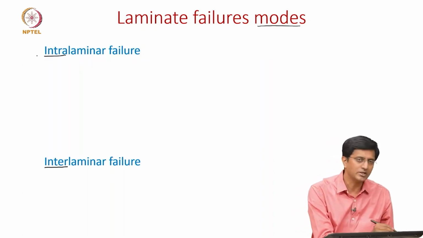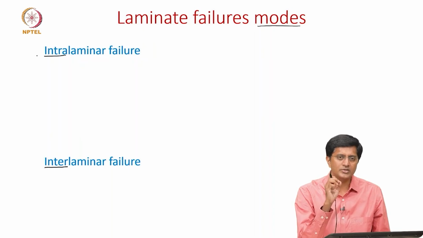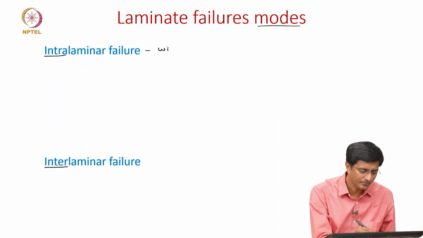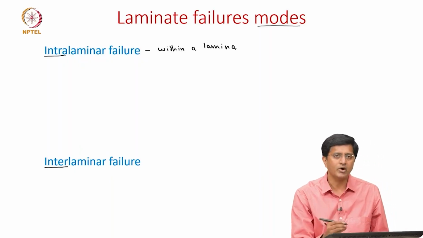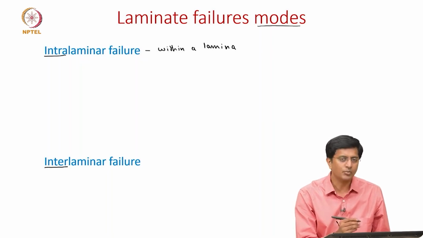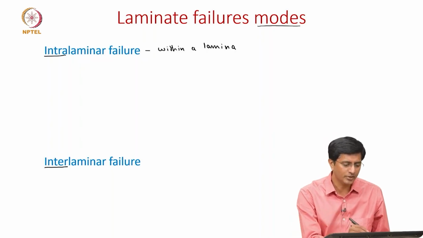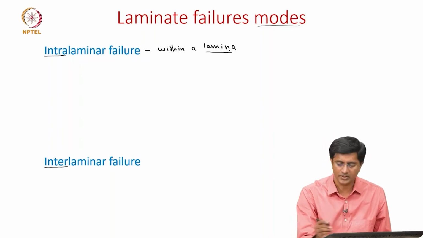The first category is about failures occurring within a lamina. Within a lamina, we have already discussed at length the different failure mechanisms as well as the different failure criteria one can apply to predict failure within a lamina.